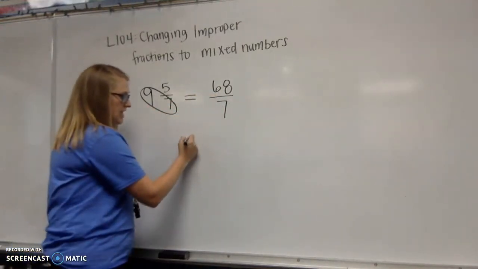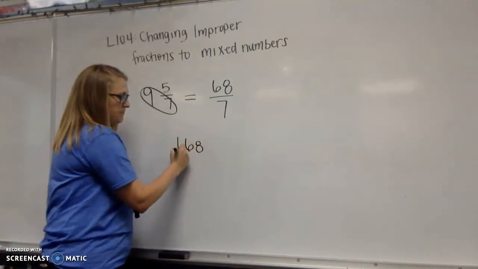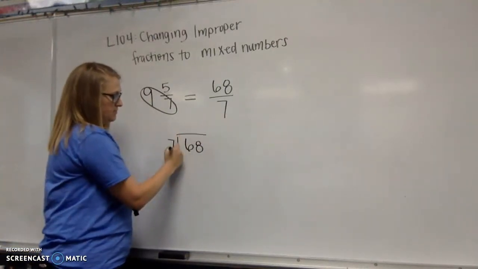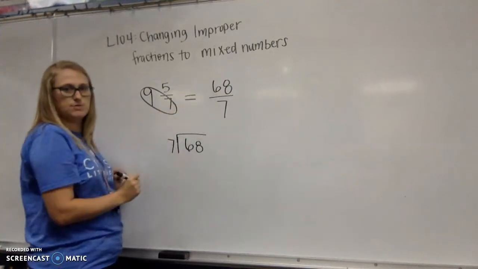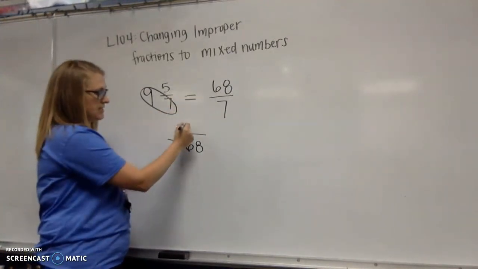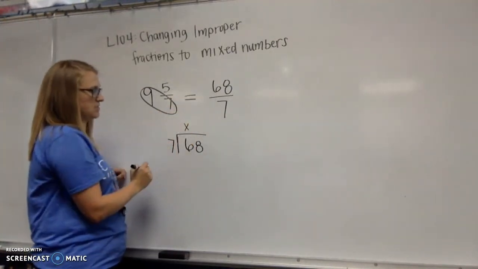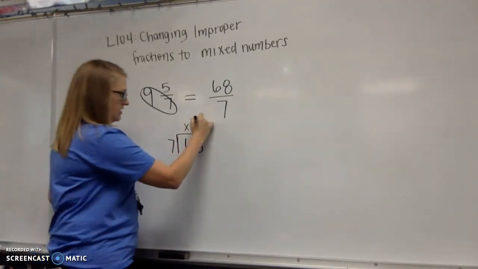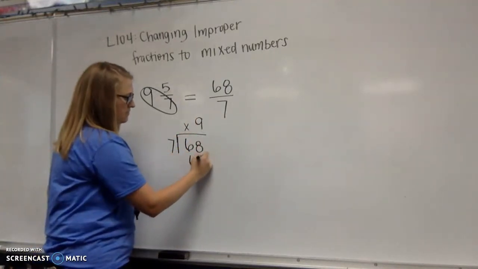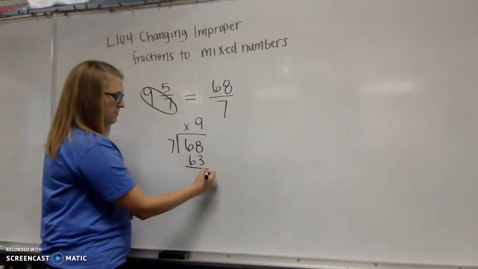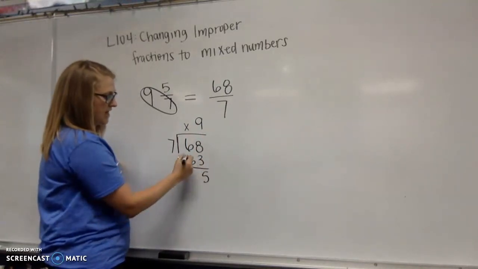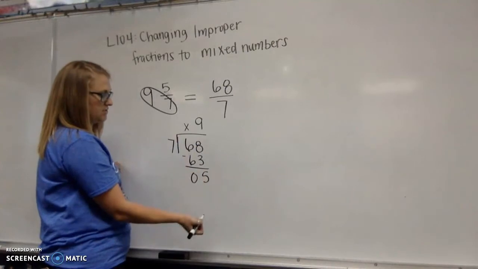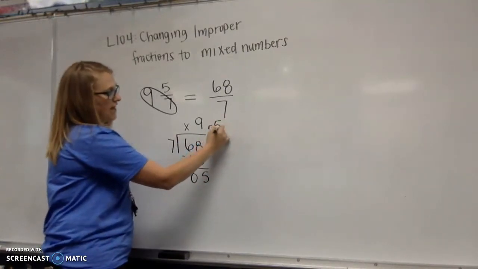I have 68. I'm going to divide that by 7, just like our normal division problems would say. I know 7 can't go into 6. 7 can go into 68 9 times, which is 63. Okay, 8 minus 3 is 5. 6 minus 6 is 0. 9 remainder 5.